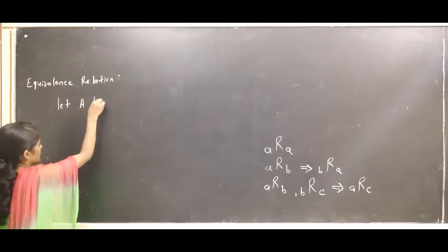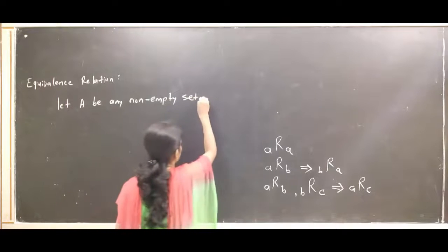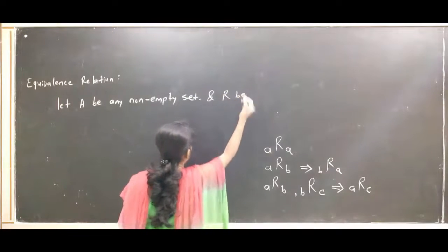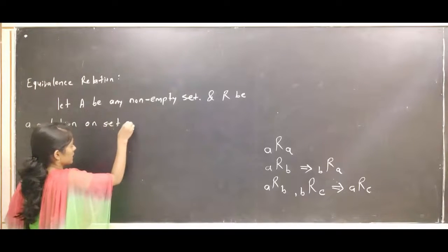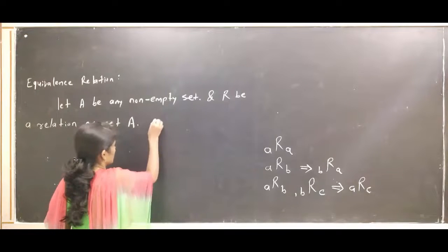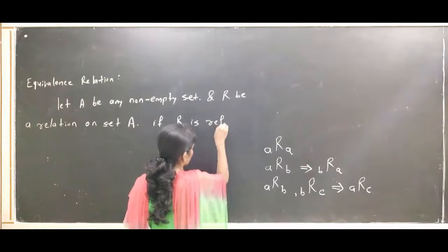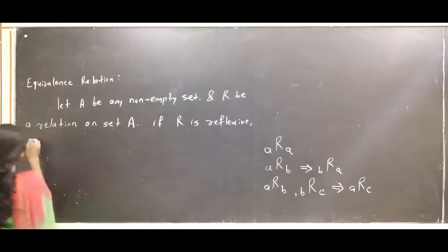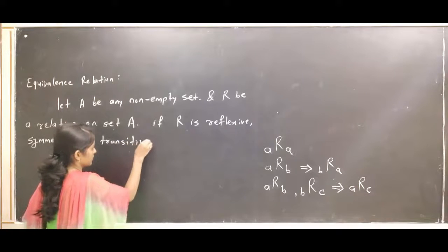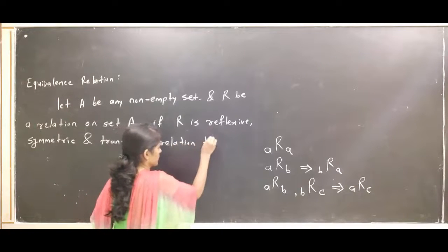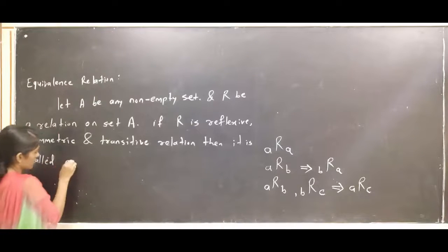Let A be any non-empty set and R be a relation on set A. If R is a reflexive, symmetric and transitive relation, then it is called an equivalence relation.